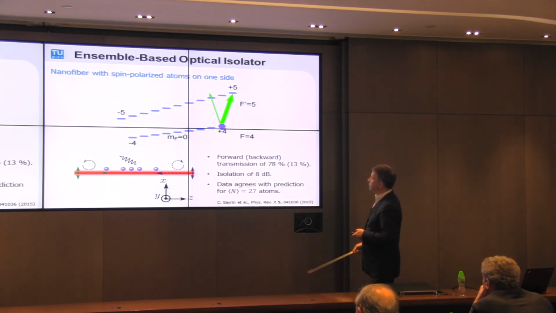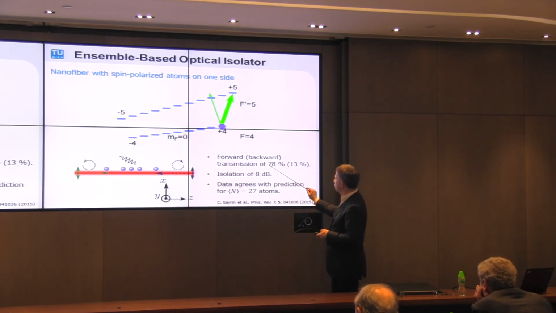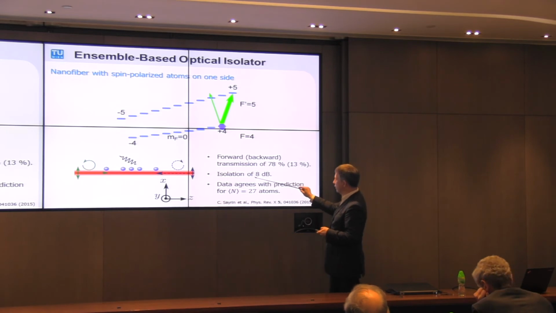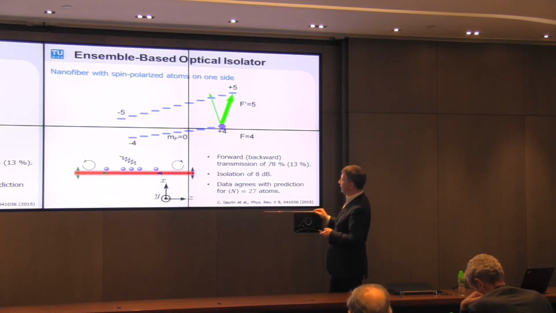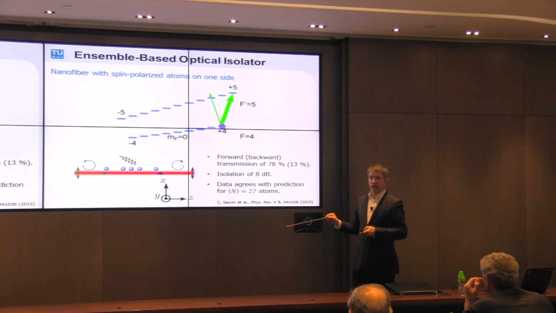And when doing this experiment, we indeed observed a strong difference between forward and backward transmission: the forward transmission was 78%, whereas the backward transmission was only 13%. This corresponds to an isolation of 8 dB, and the job was done by 27 atoms. Now you might say, I'm not impressed by 8 dB because I can buy a Thorlabs isolator which has 30 or 60 dB isolation.